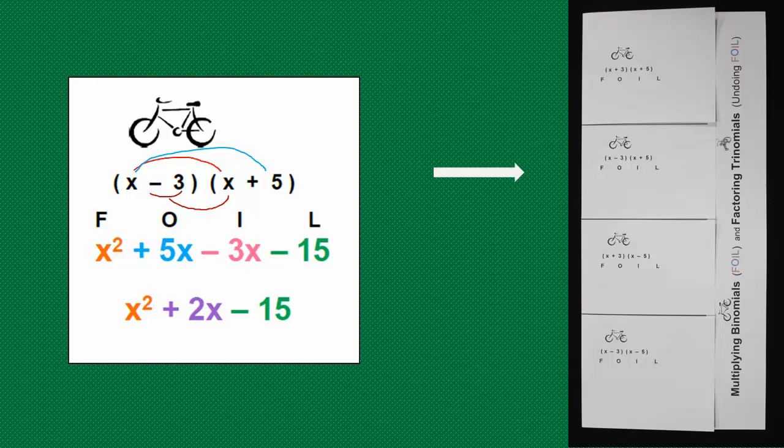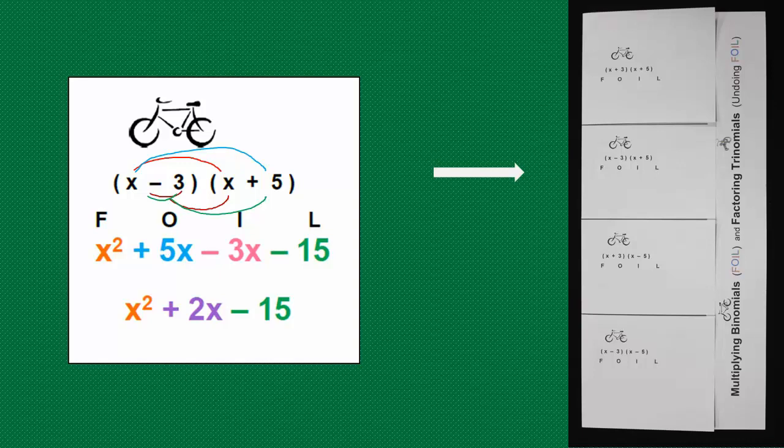And then last, it's negative 3 times 5. And that is negative 15. We are always going to be taking the sign that is right in front of the number. So that was negative 3 times 5 for a negative 15.